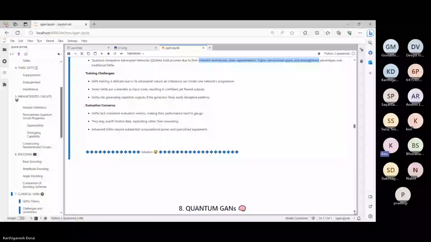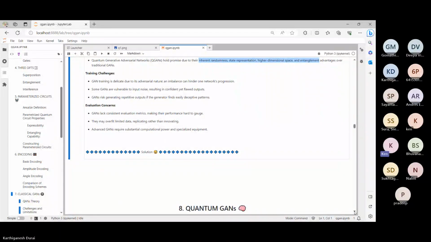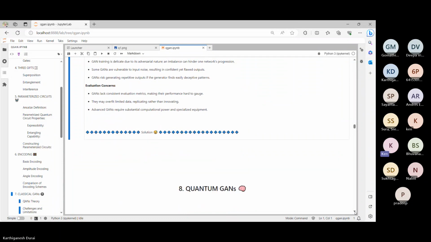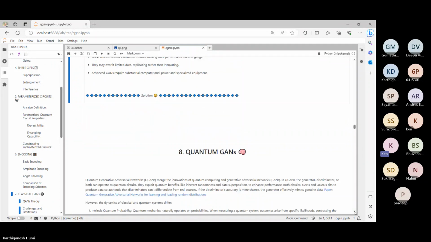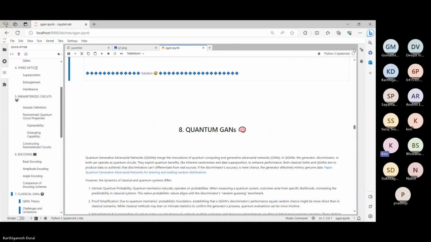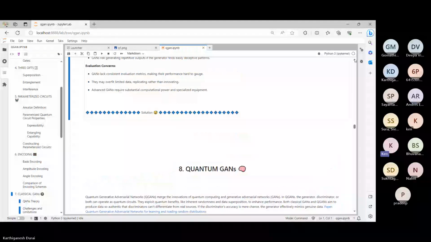It just continues. Data may overfit, again that confidently incorrect situation. It's unable to produce original data. And the biggest issue in terms of classical GANs is they require substantial computational power and specialized equipment.